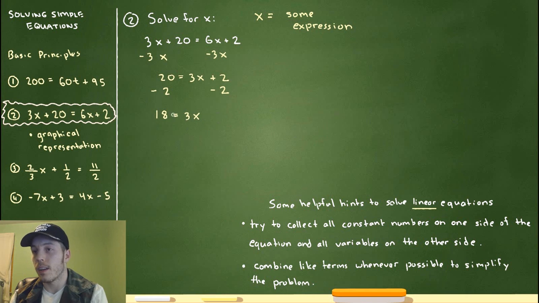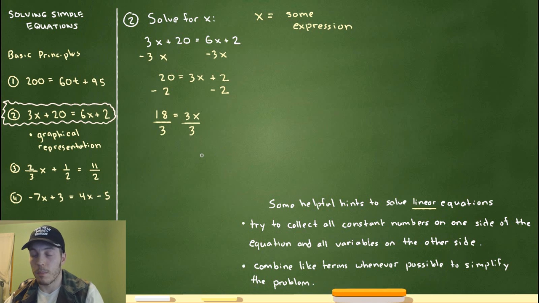So again, just through practice, you're going to find out the quickest method to do these things. And in this case, when we get to this portion here, we want to get rid of the 3. In order to do that, we divide by the 3, and we do that on both sides to balance the equation and obtain a valid statement. So on the left side, we have 18 divided by 3, which is 6.